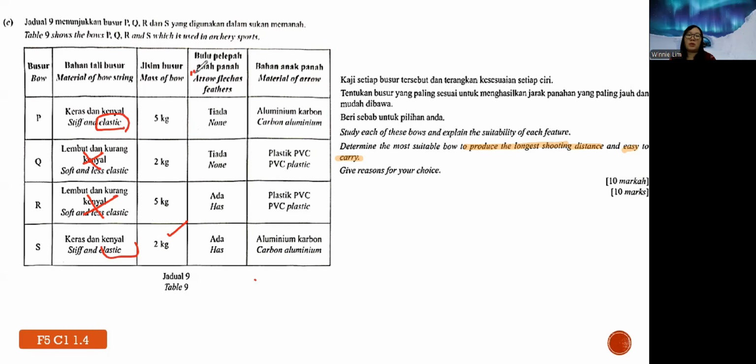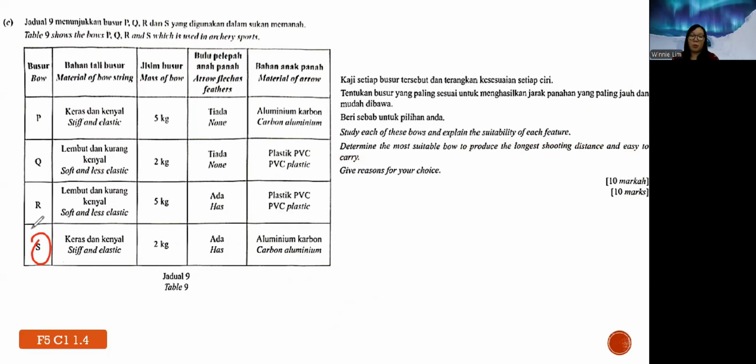Then the arrow fletcher feathers: fletcher means this is the arrow, and normally they attach these feathers. The function of these feathers is basically to make it more stable. And lastly, the material carbon aluminum is actually better than plastic. So we choose S.